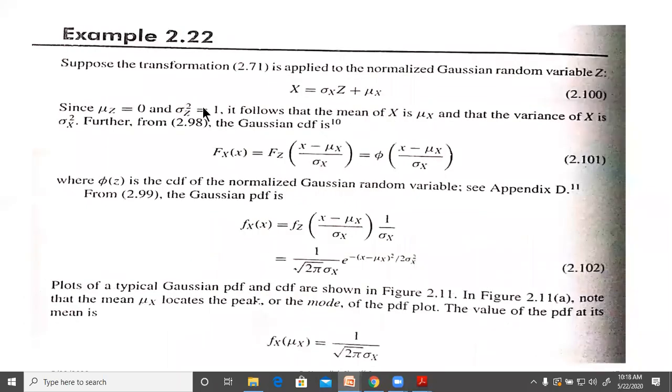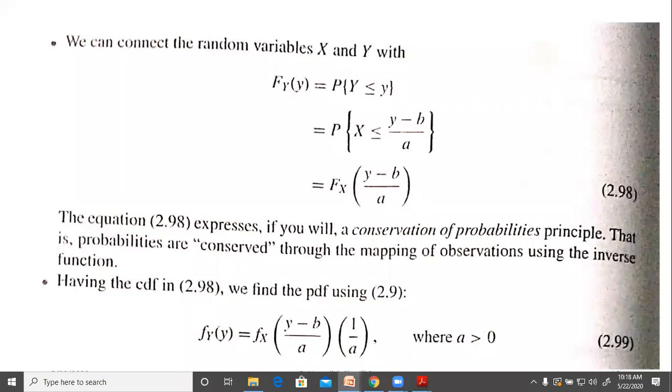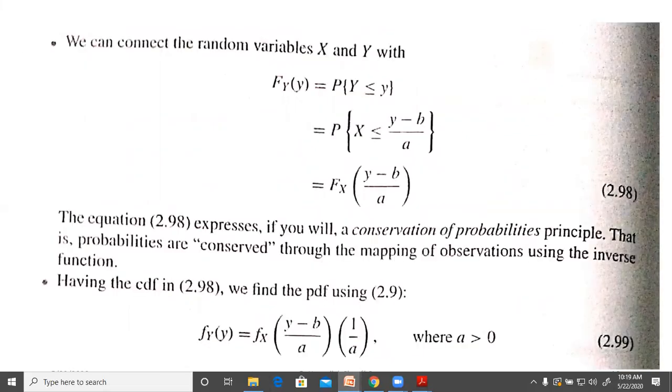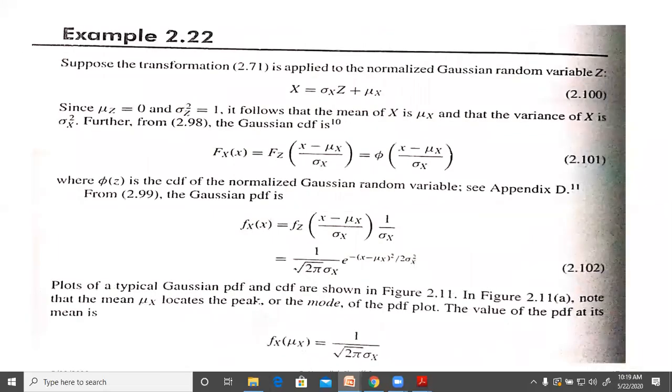So let us take an example here. Suppose the transformation 2.71 is applied. Let us not go deeply into that. That is, x equal to sigma x z plus mu x applied to the normalized Gaussian random variable z.